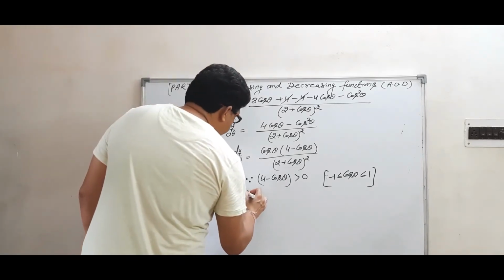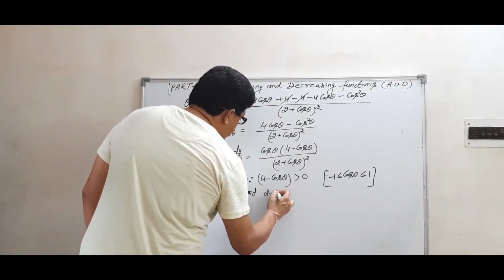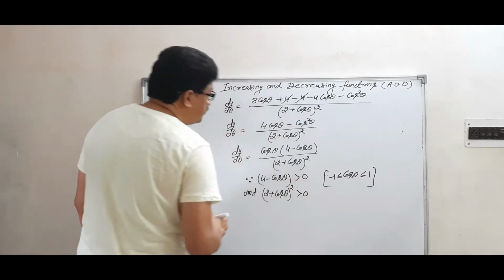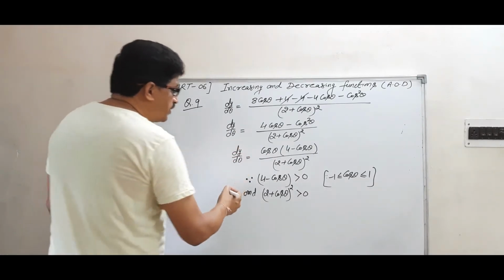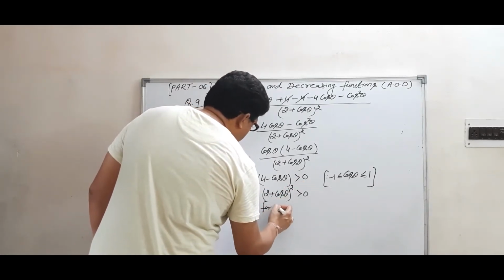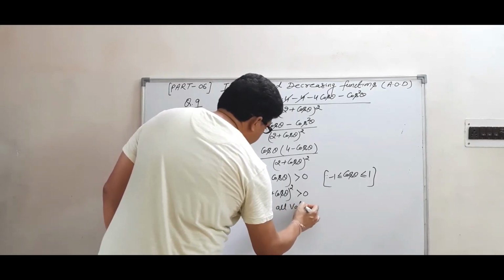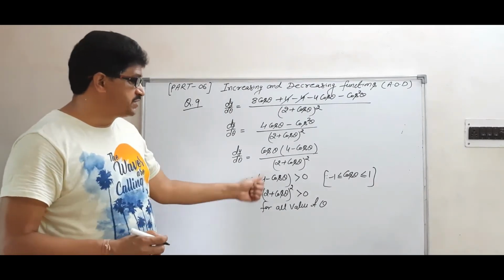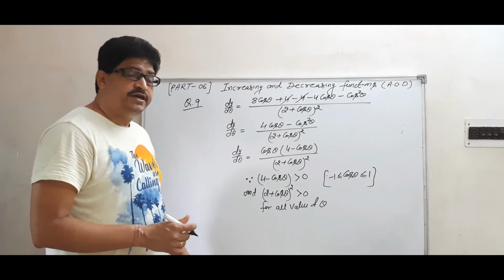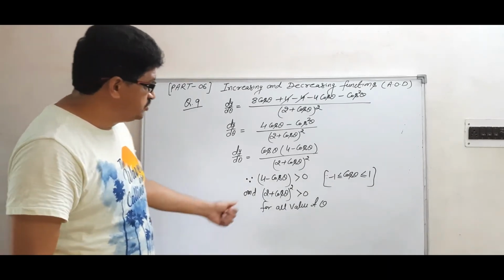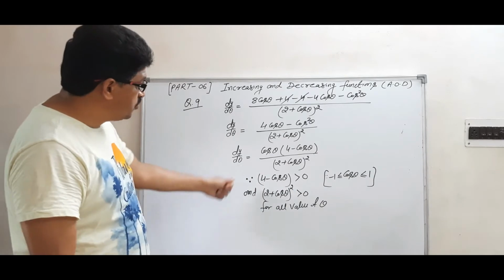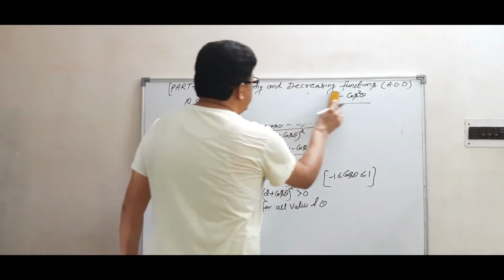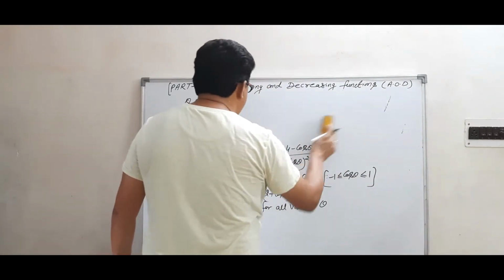Similarly, 2 plus cos theta whole square is also greater than 0 for all values of theta. So both of these are greater than 0 for all values of theta. That's why dy by d theta depends only on cos theta.